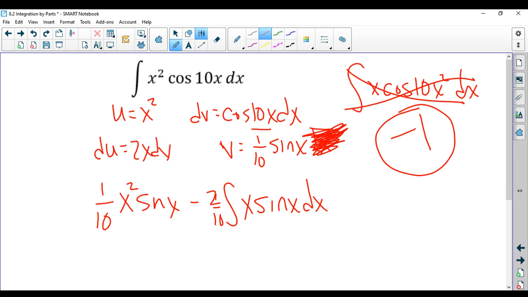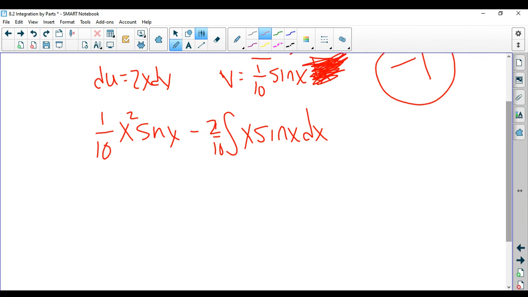Now the x you can't factor out because it's a variable. So we have a small problem here because we have to be able to integrate the x sine 10x part, and we can't. Oh, wait, yes, we can. We use parts. So I'm going to do the same thing, but now u is x, dv is sine 10x.